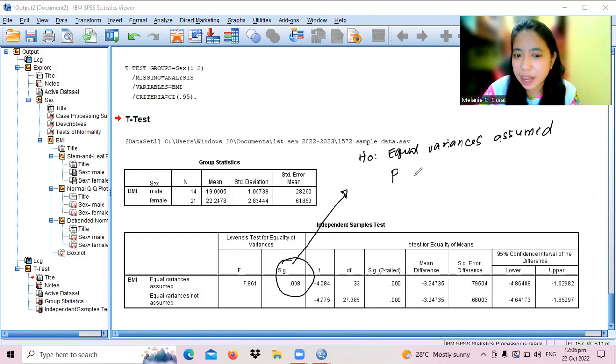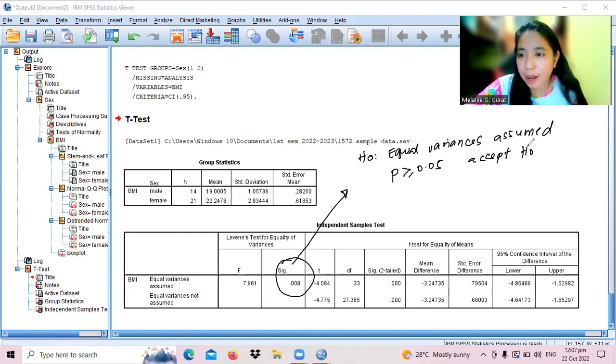If p is greater than or equal to 0.05, it means that we will be accepting our HO, that is, equal variances assumed.